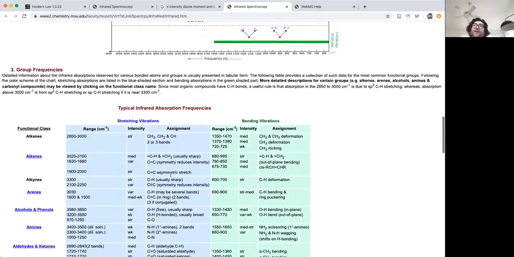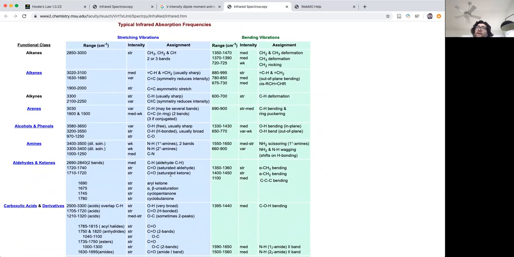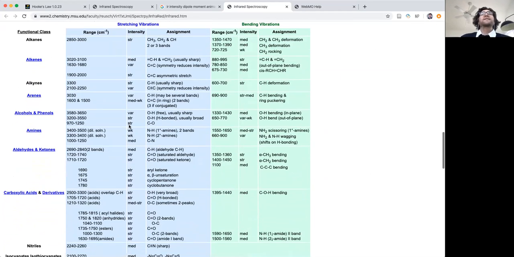In fact, you can find tables and tables of this information on the internet for the stretching vibrations, which is typically found in the diagnostic region of the spectrum, that is 1500 to 4000. And let's say, for instance, you want to look at CH3, CH2s, or CHs. You could find those below 3000 typically. Are you looking for alkynes?